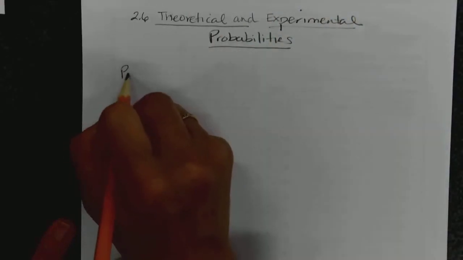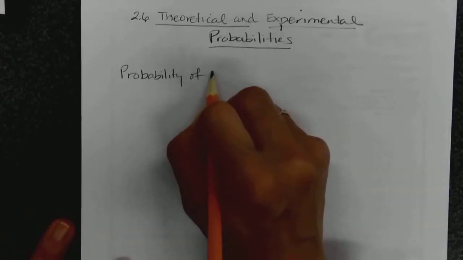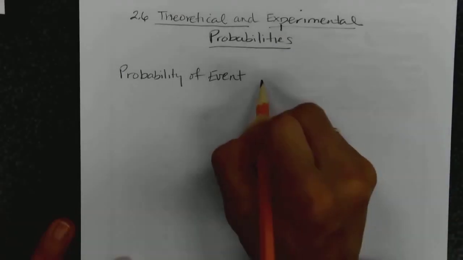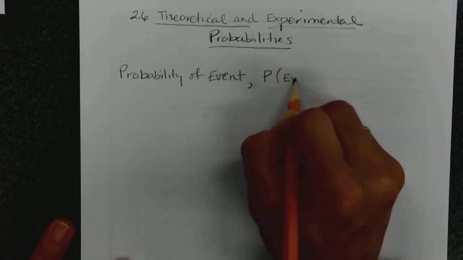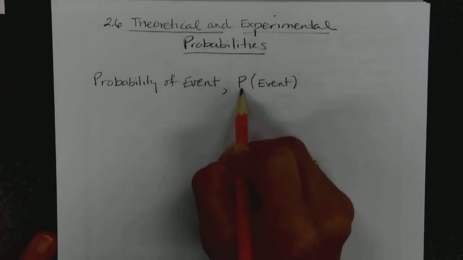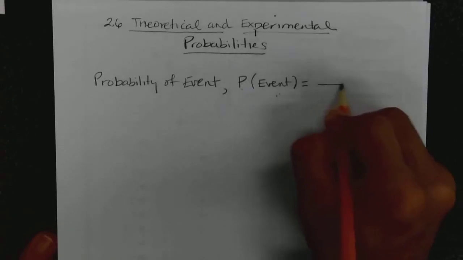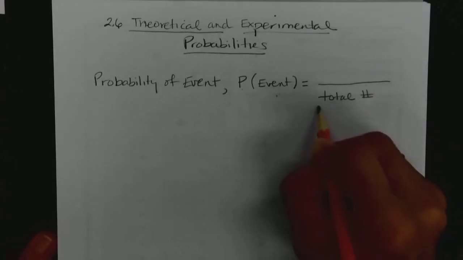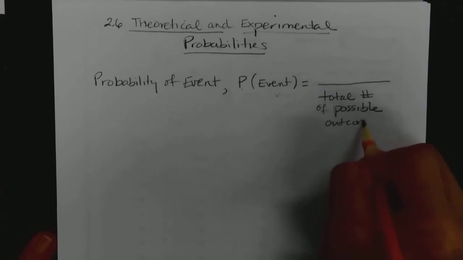All right, so probability of an event happening, like rolling an even number, is represented as P(event). P means probability of something happening, whatever the event is. And that is given by the number of favorable outcomes over the total number of possible outcomes.